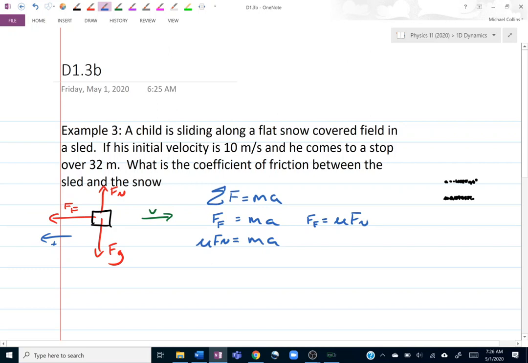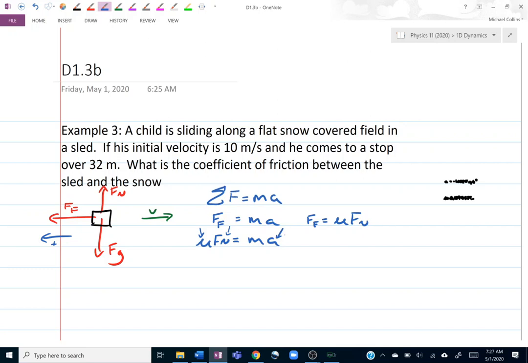I'm going to pause and take stock of the things that I have. Coefficient between the sled and the snow, I have in my expression, and I don't know what it is. I currently don't know what my normal force is, so I have 2 unknowns, and I don't know what my acceleration is. So in this formula, I have 3 unknowns. So we're going to have to use some critical thought.